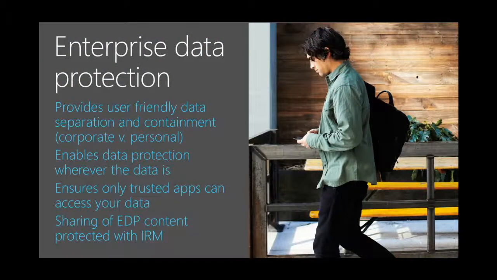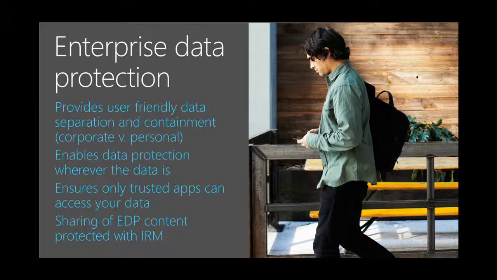So data protection. We now have a secure identity on the device. How do we protect data? A big investment for Windows 10 is to provide what we call internally, and it's an internal name, I'm not sure it's going to stay like that, Enterprise Data Protection, EDP. That's how we call the technology internally.